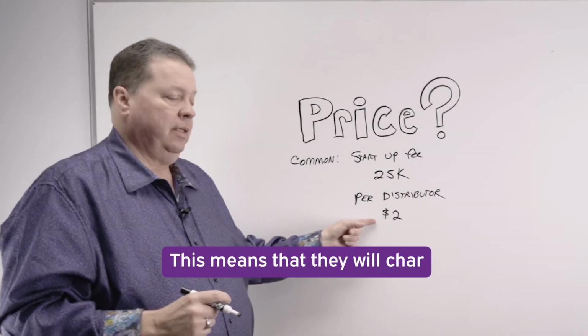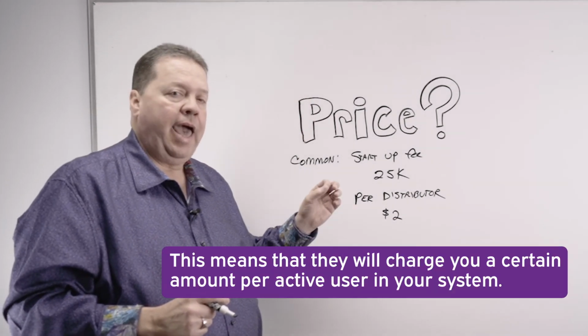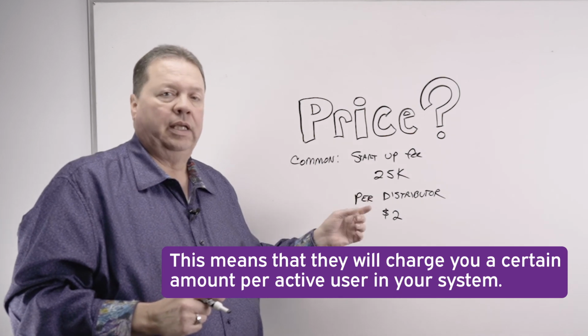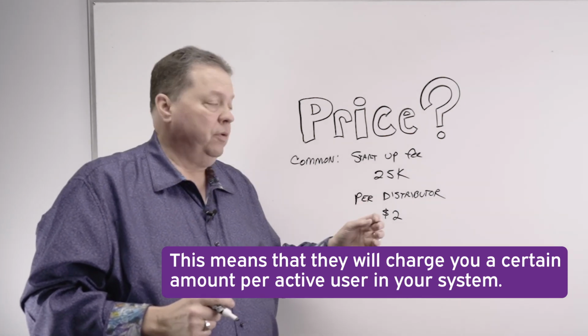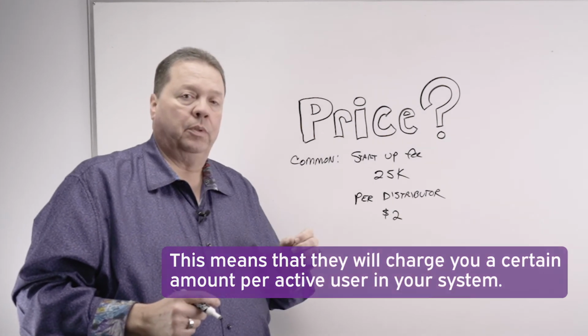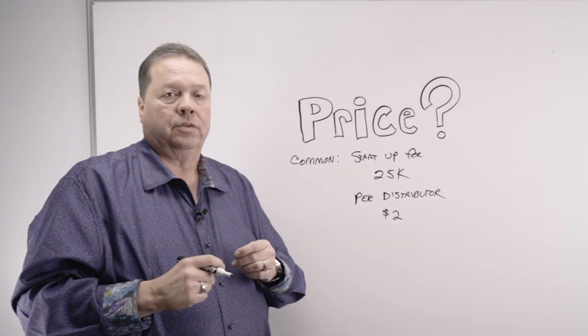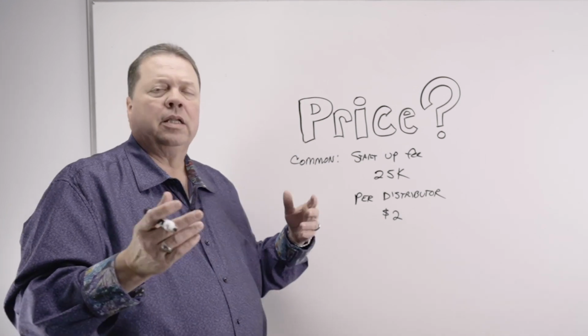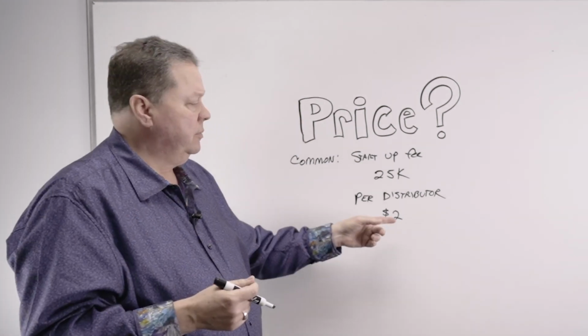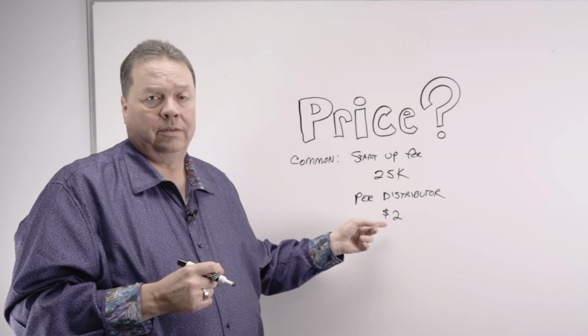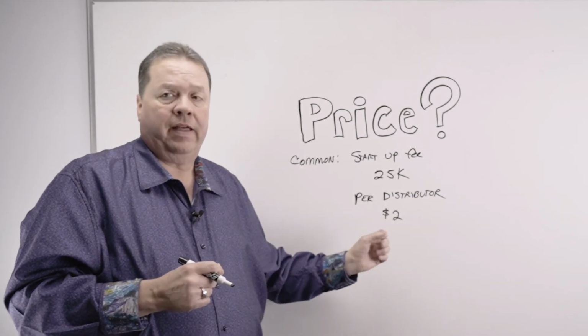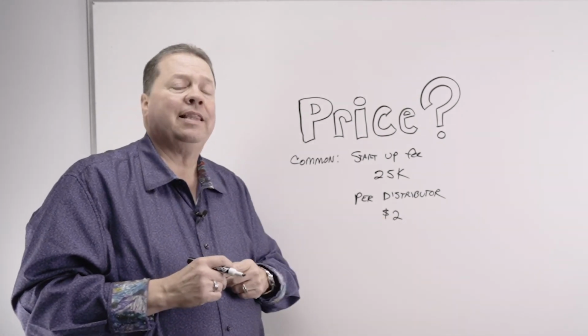What this means is that for every active person in your system, they're going to charge you $2. So if you have 100 active people, it's $200. That still doesn't sound too bad. But if you have 1,000 people, now all of a sudden it's $2,000. And if you have 5,000 people, now it's $10,000.